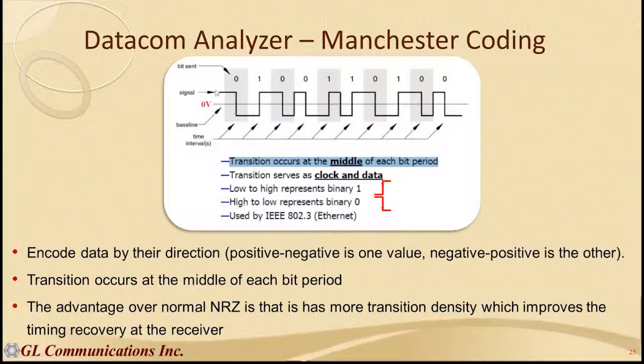So here, this Manchester encoding has a negative going transition when you're transmitting a 0, and a positive going transition when you're sending a 1. So in this manner, it's sending both data and the clock, and it's saving some copper wire circuits.